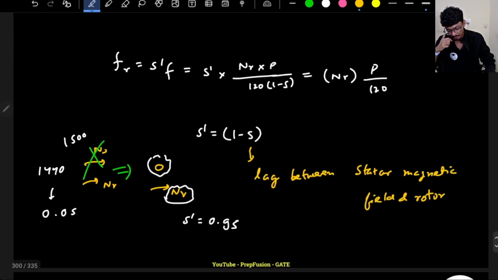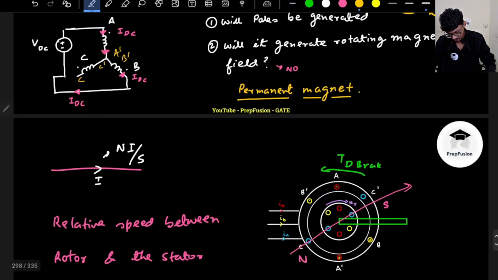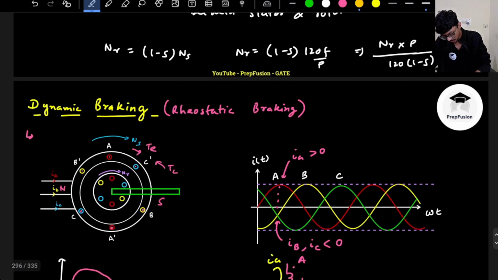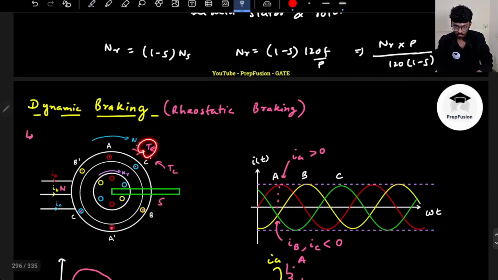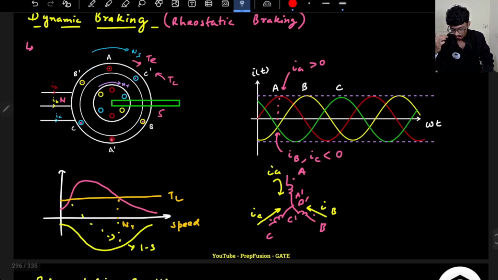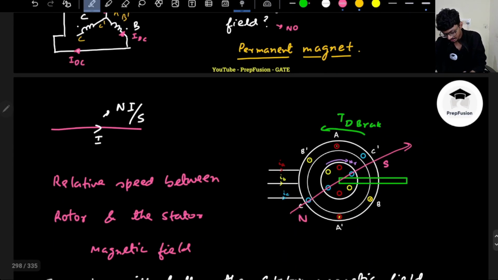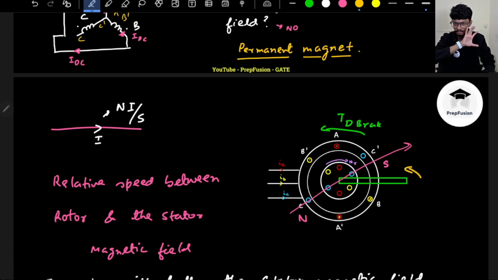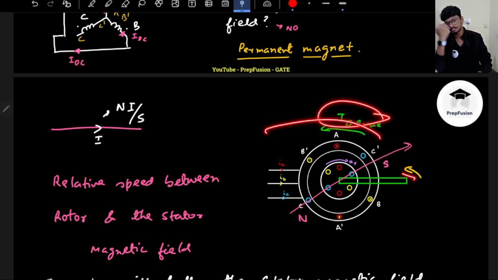Previously, if I copy this graph, the electromagnetic torque was in this direction and TL was negative, opposing it. That's why I had to provide more power. Now TL is still in this direction only; TL direction will not change. It is load only. TL is in this direction and the developed torque is also in this direction.